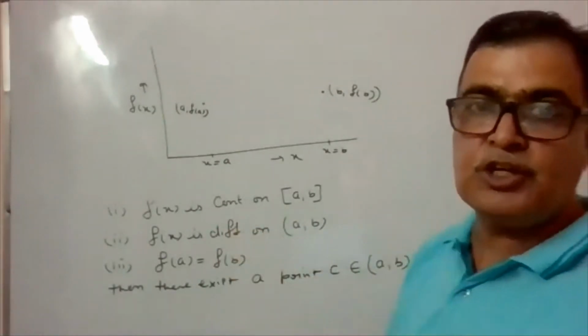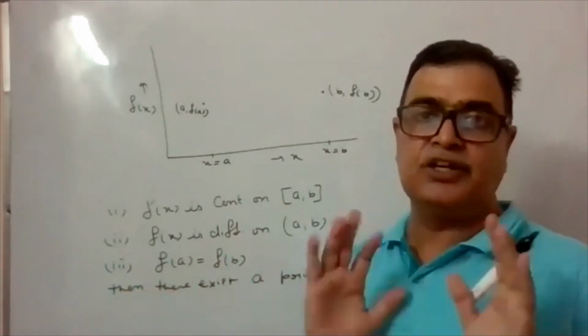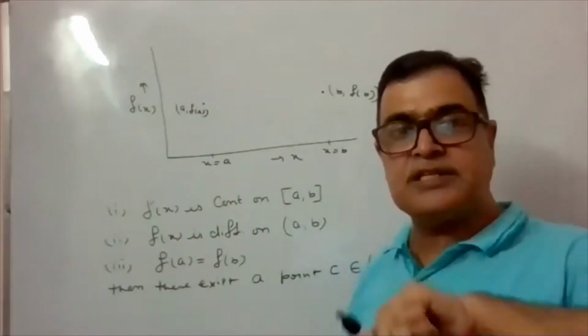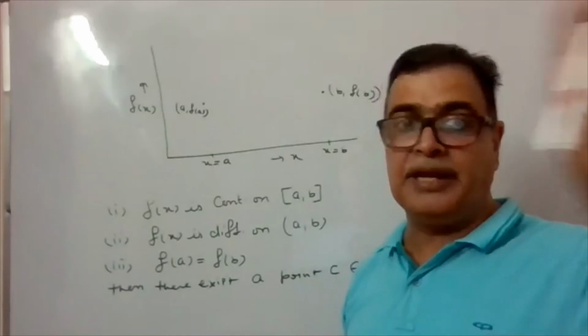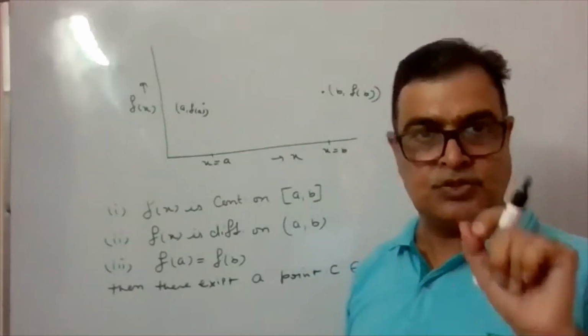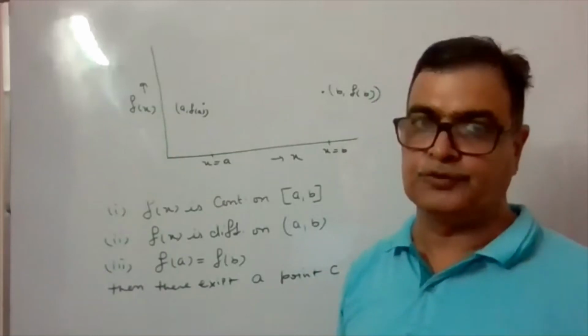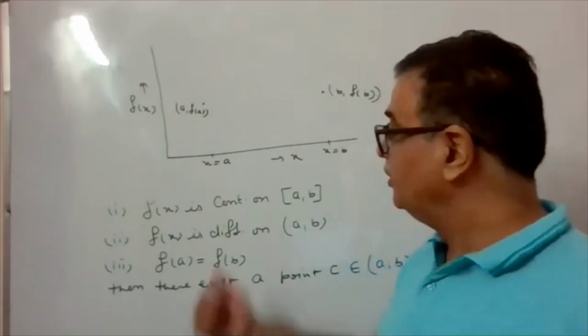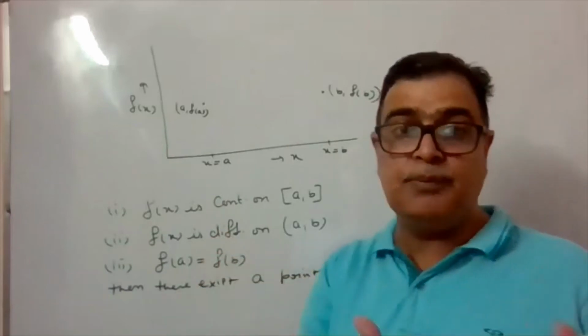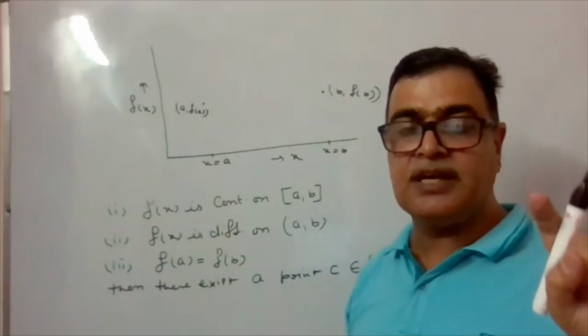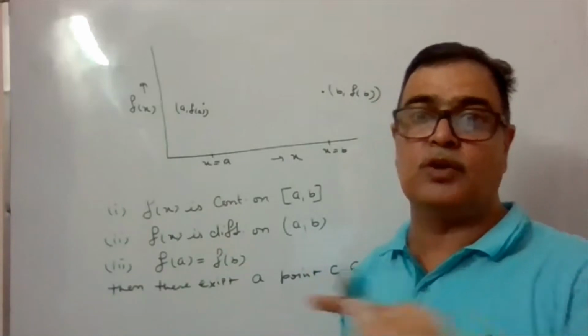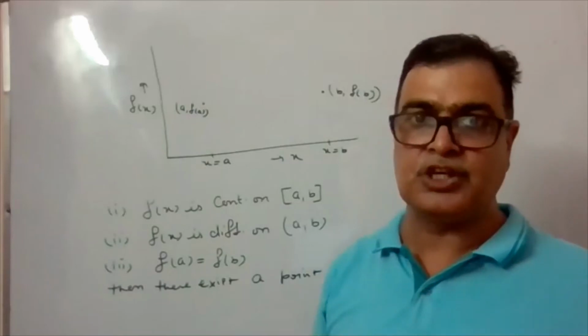First says the function between a and b must be continuous. Continuous means the curve which we are going to plot will be without a break. It should not be a broken curve. Second thing, the function is differentiable on the open interval (a, b). When I say it is differentiable, it means there must not be any corner point in between.